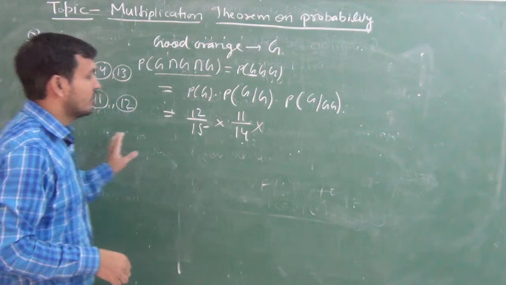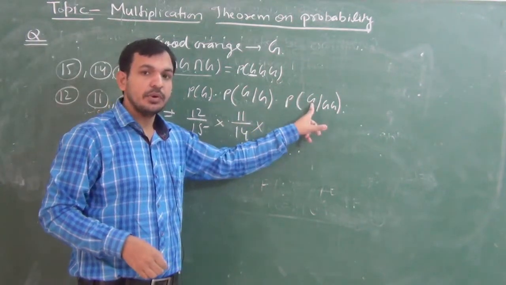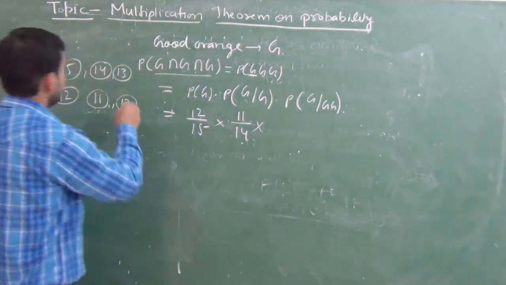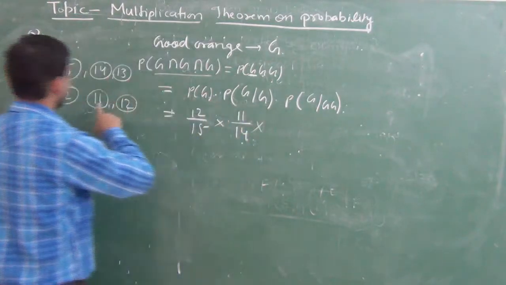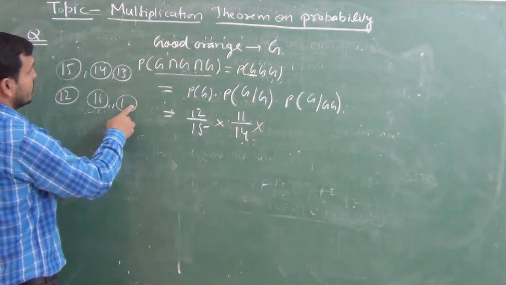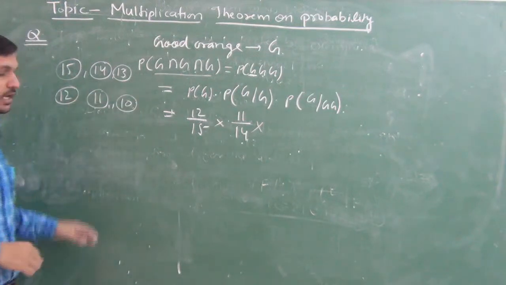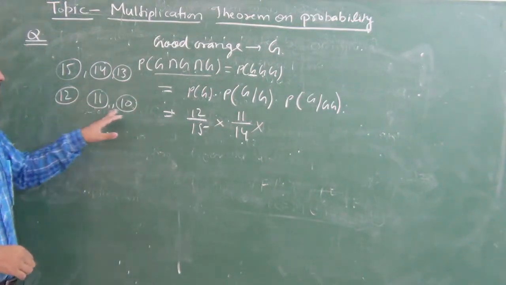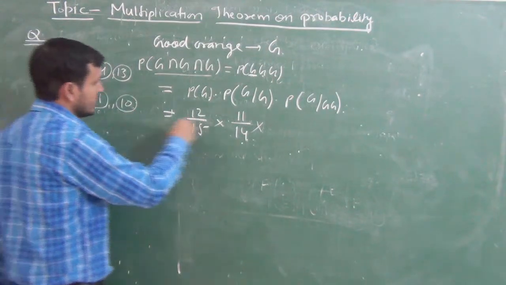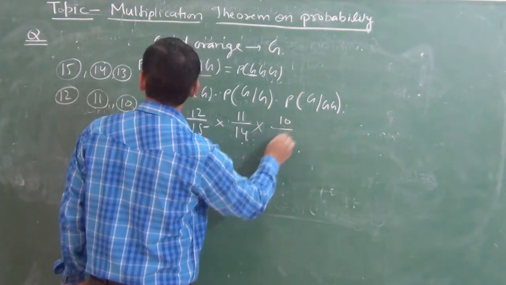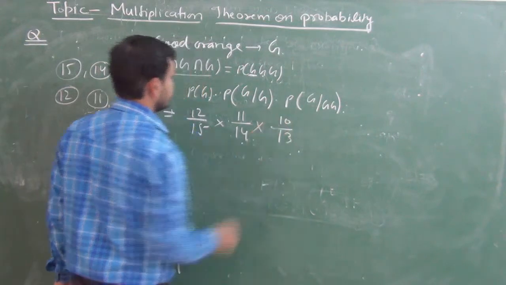So the probability of getting the third orange as good orange is 10 by 13.